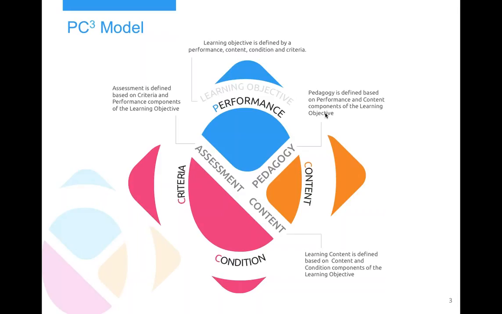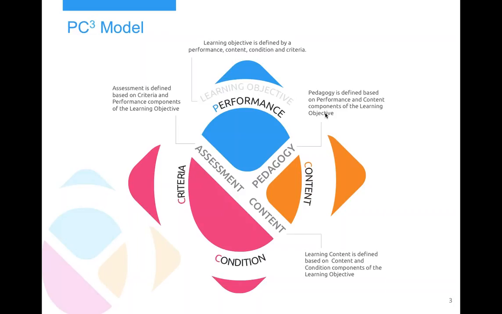So like I mentioned earlier, the learning objective is the central component of course design. And all the other components like content, assessment, and pedagogy, or the instructional technique, are all connected to the learning objective. So basically, the instructional technique or pedagogy relies on the performance and content parts of the learning objective.